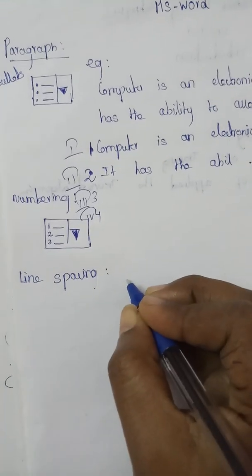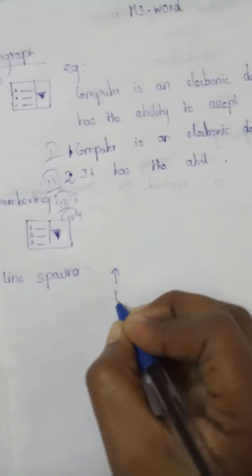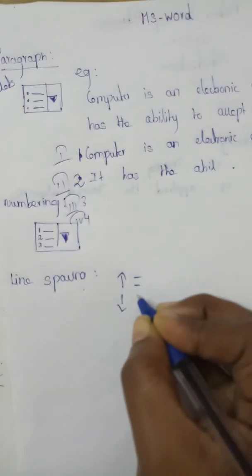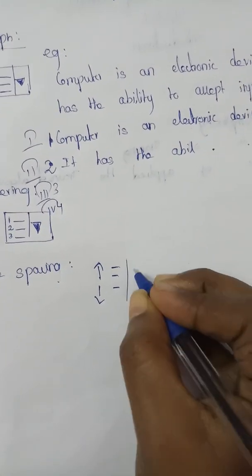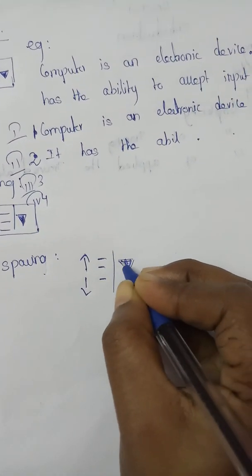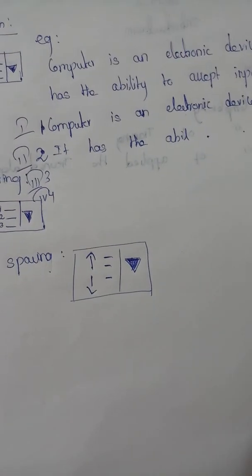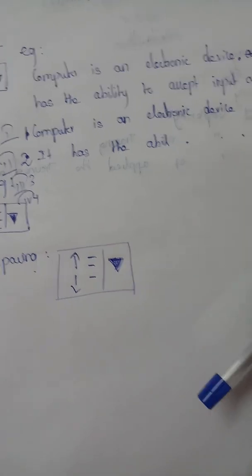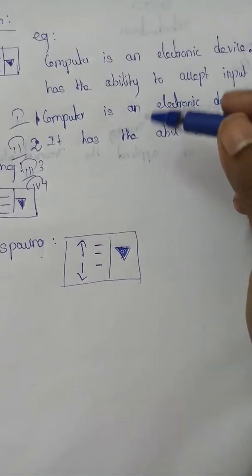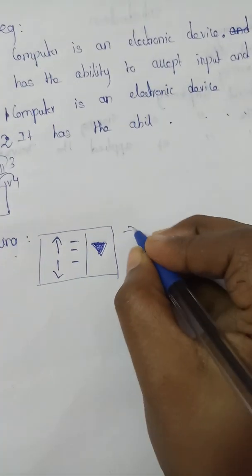This is the icon for line spacing. Line spacing means spacing between two lines.